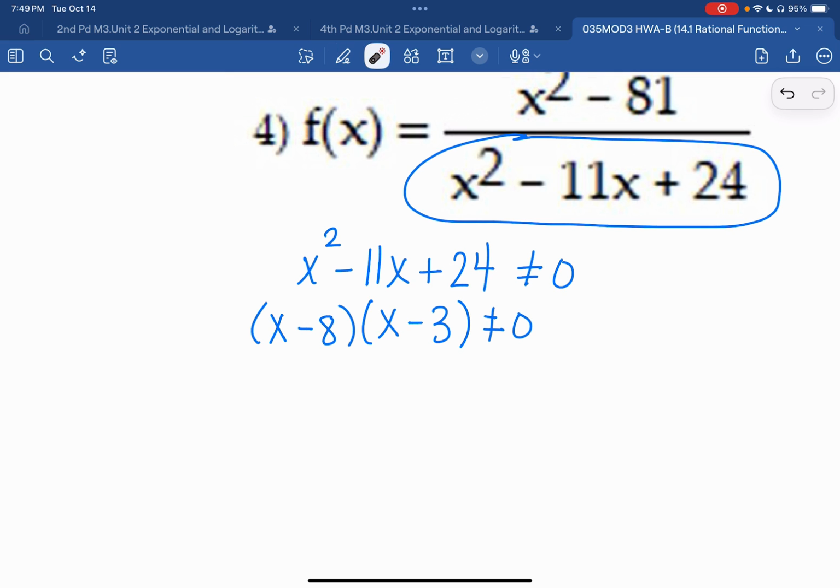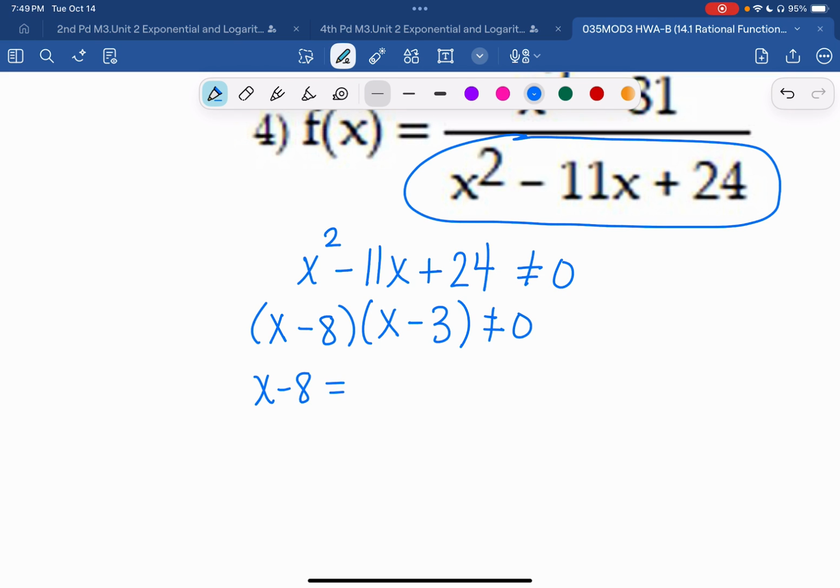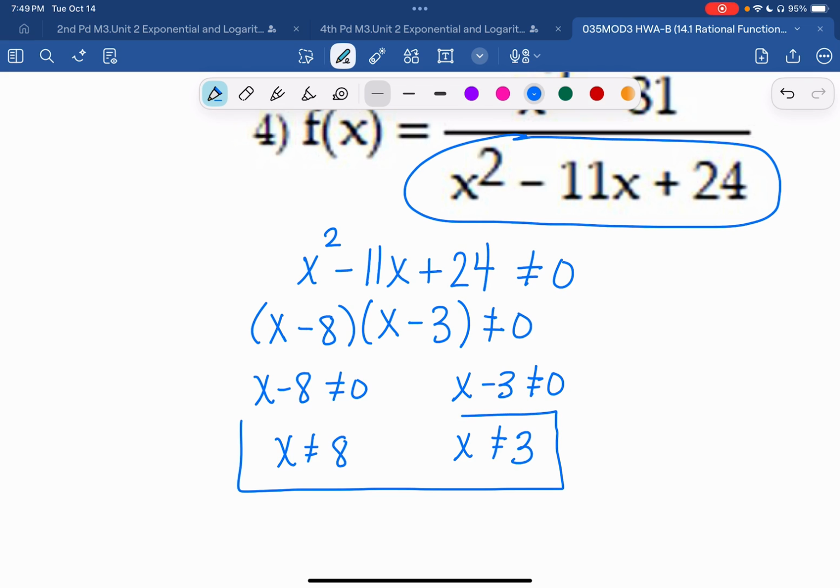And remember, factoring, I'm looking for numbers that multiply to 24 and add to negative 11. So negative 8 times negative 3 gives me positive 24, and negative 8 plus negative 3 gives me negative 11. So x minus 8 not equal to 0, and x minus 3 not equal to 0. So x cannot be 8, and x cannot be 3. So this means that any number is in my domain except for those two.